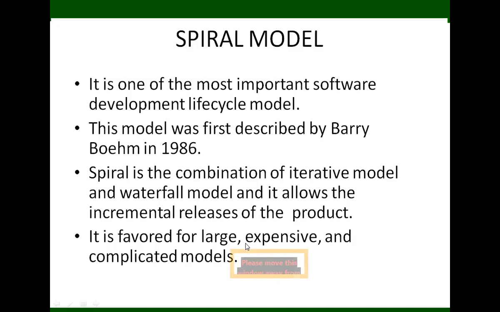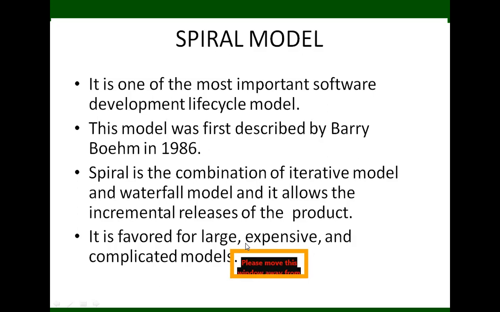The model was first described by Barry Boehm in 1986. So the spiral model was invented by Barry Boehm in the year 1986. It represents the software process as a sequence of activities with some backtracking from one activity to another. In the waterfall model we do not move to the previous stage; we move only top to bottom.